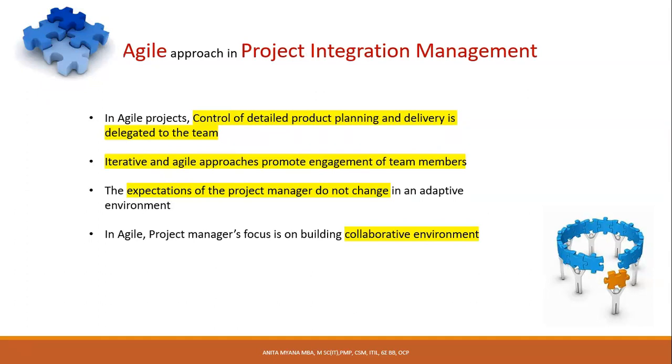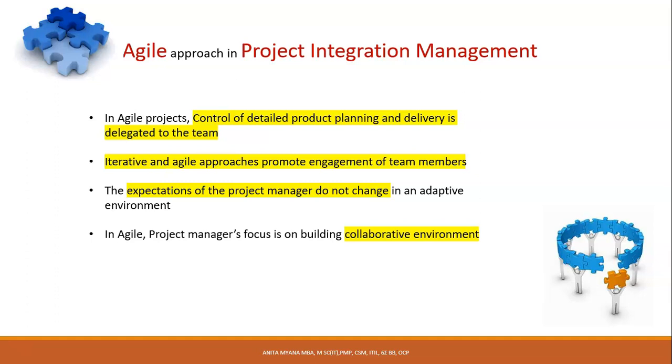Now, let us understand how we can implement the Agile approach in project integration management and how this will help us reap greater benefits. In Agile projects, control of detailed product planning and delivery is delegated to the team.